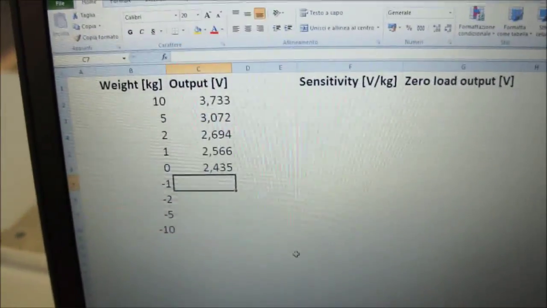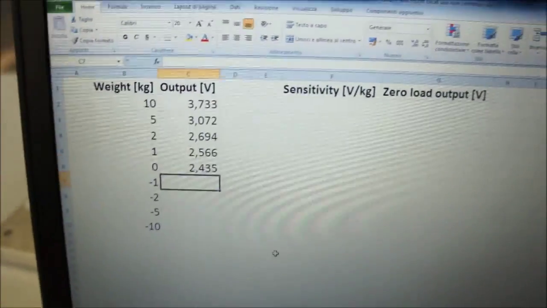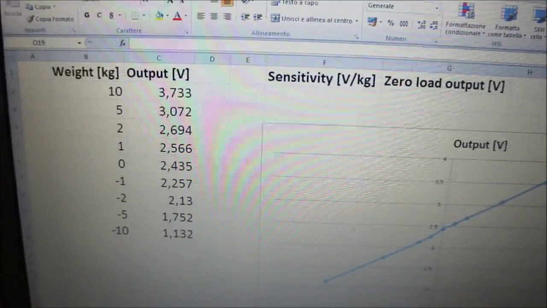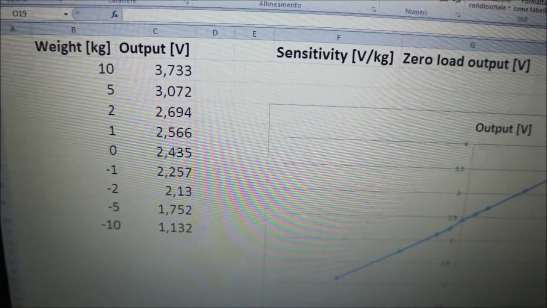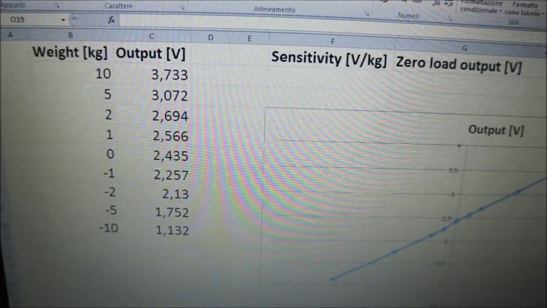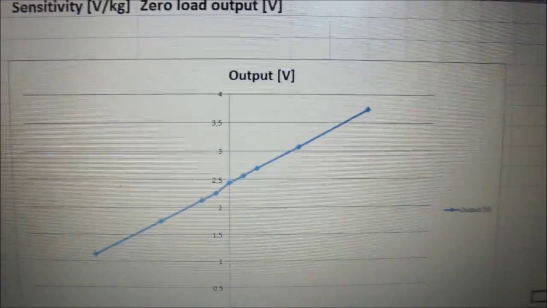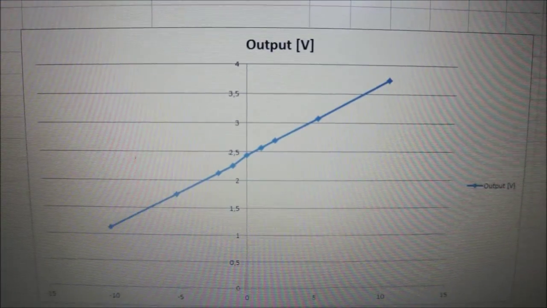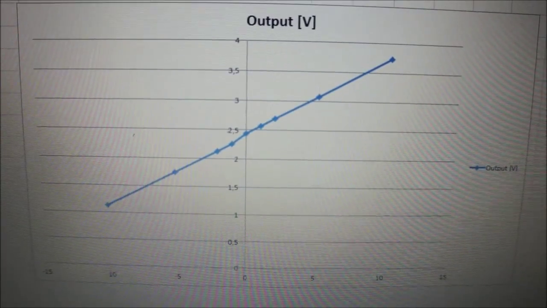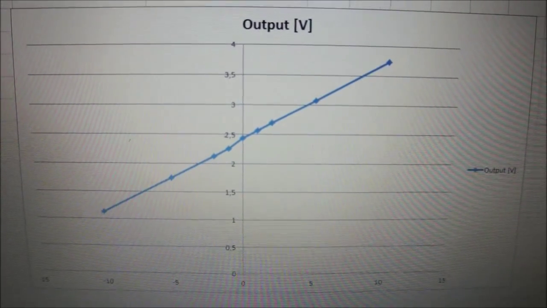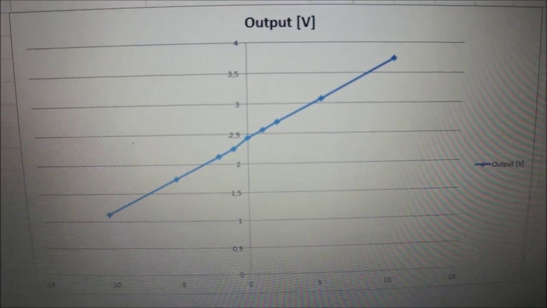Otherwise it's not good to calibrate negative forces with only positive load. Now the loading path is complete and we have recorded a consistent set of data for our calibration. Here you can see a graph of the calibration procedure, and it is smooth and really similar to a line, which is good.